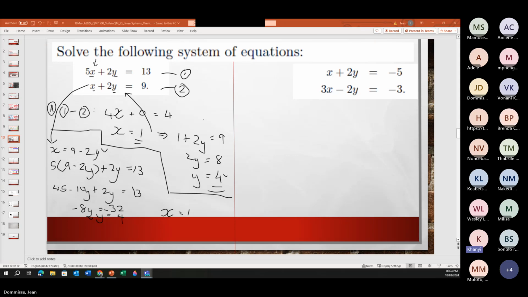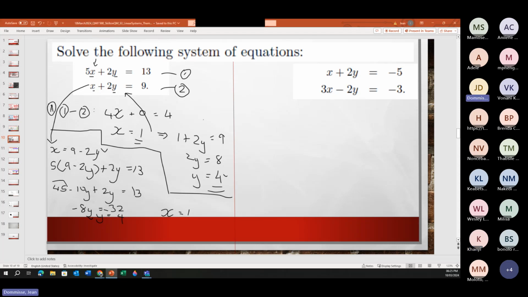Okay, thank you. So on both equations, the tester, I fully understand. I just wanted to determine here, with 45 minus 10y plus 2y, when we take the 45 to the other side, because we have to be left with the negative 10y, does the 45 become positive or negative?